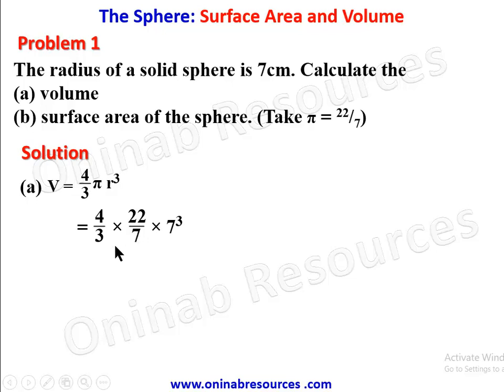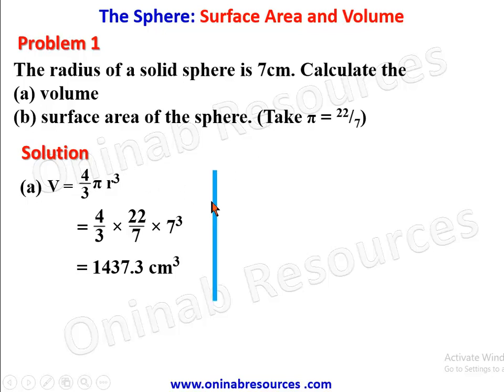If we press our calculator, we have 1437.3333, but to one decimal place, we have 1437.3 cubic centimeters, which represents the volume of the solid sphere of radius 7 centimeters.